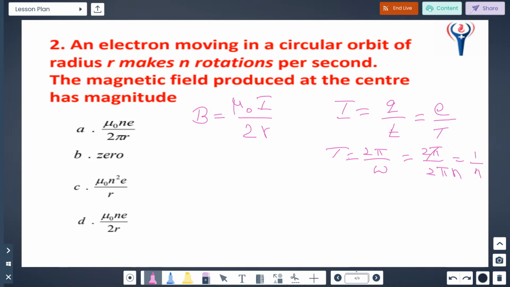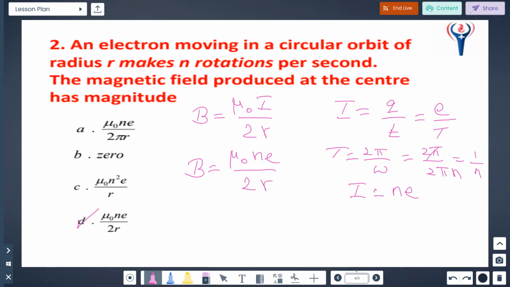Substitute this here. Then I equal to just n e. I equal to straight away n into e. Substitute this I equal to n e here. Then B equal to mu naught n e by 2 R, that is option D. Option D is the answer.